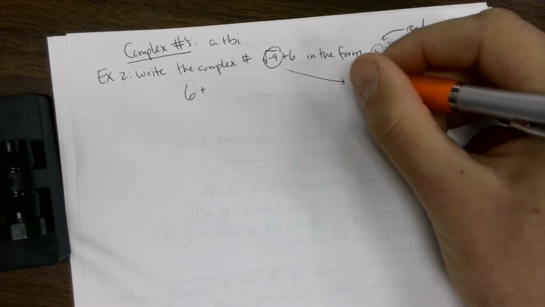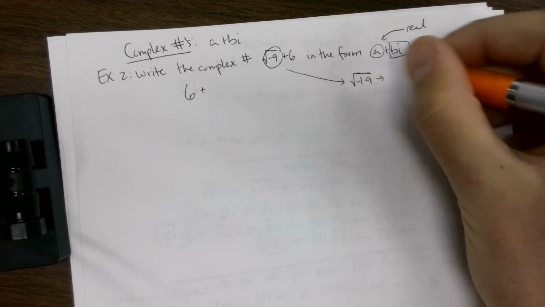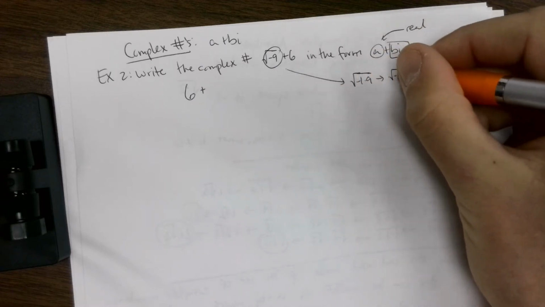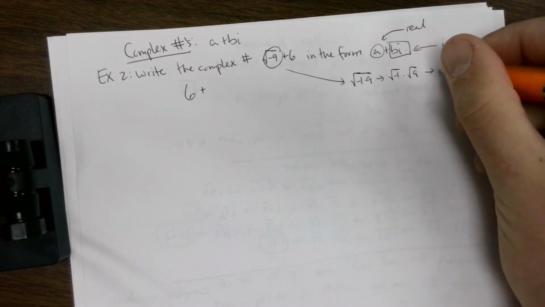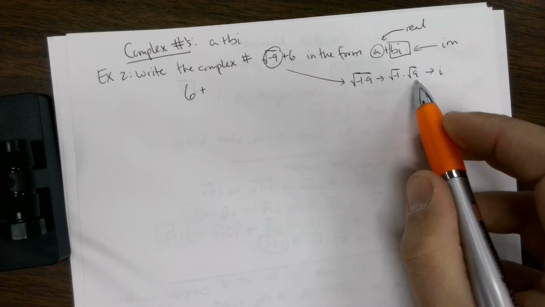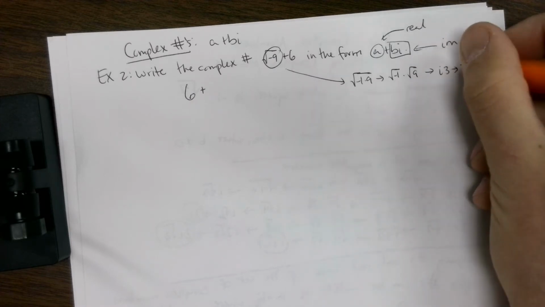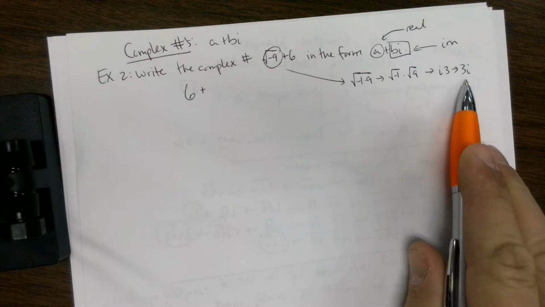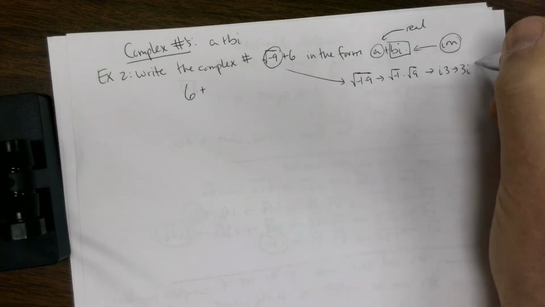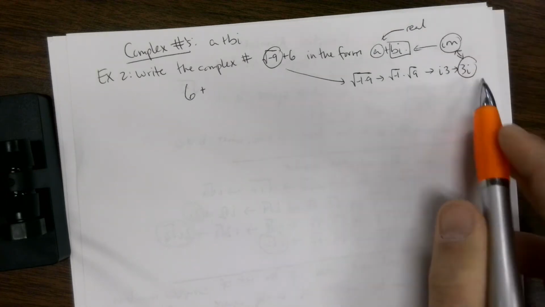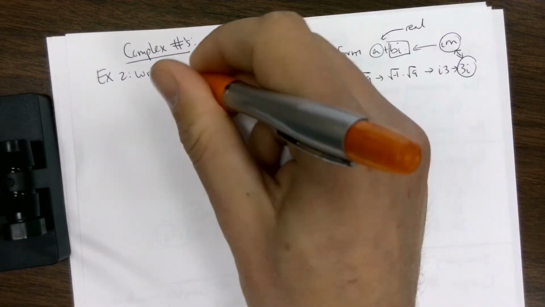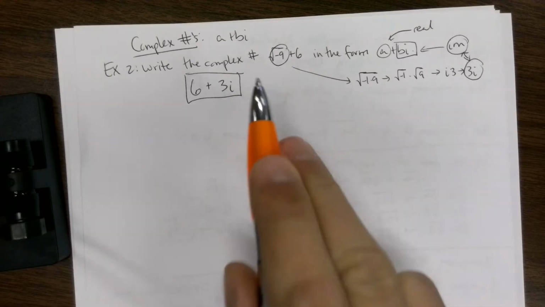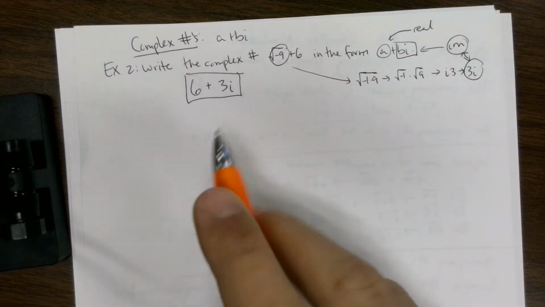I'm going to rewrite it as the square root of -1 times 9, which breaks out into the square root of -1 times the square root of 9. This becomes i, and the square root of 9 is 3, or 3i. So this is my imaginary part. I'm going to write this over here, 6 plus 3i. So there's our answer. We've written a complex number in the form a plus bi.